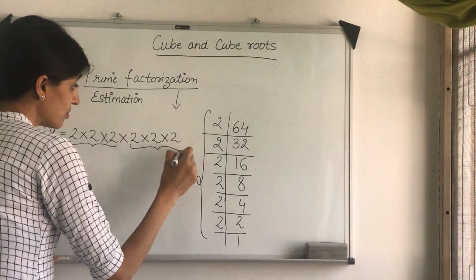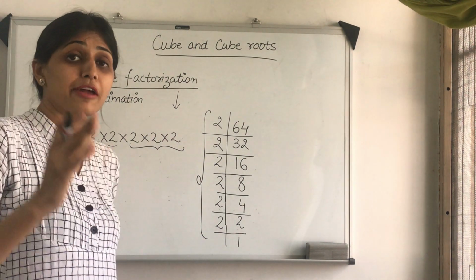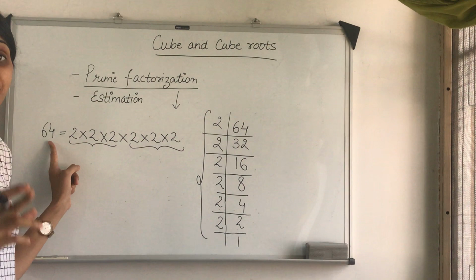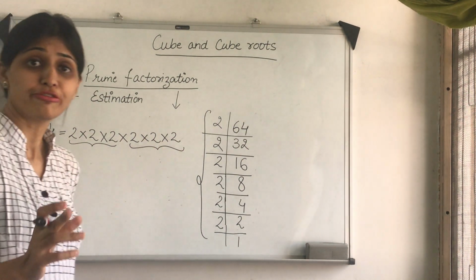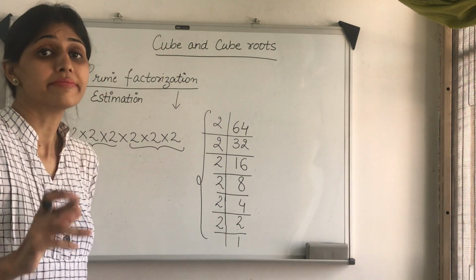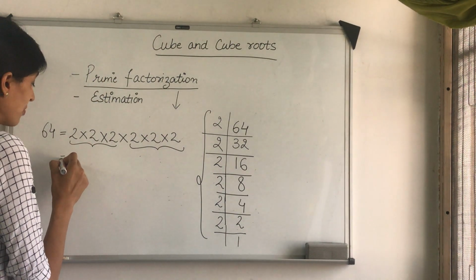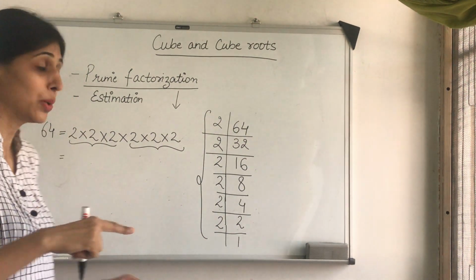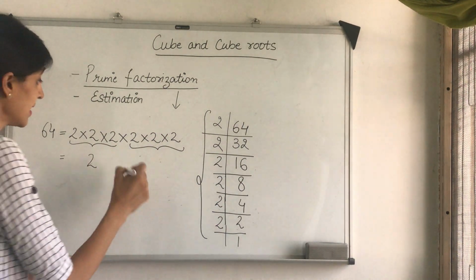So 3 times 2, 3 times 2. If perfect triplets are formed, that means that number is a perfect cube number. If triplets are not formed, that means that number is not a perfect cube. So from each triplet you have to take out a single number outside.